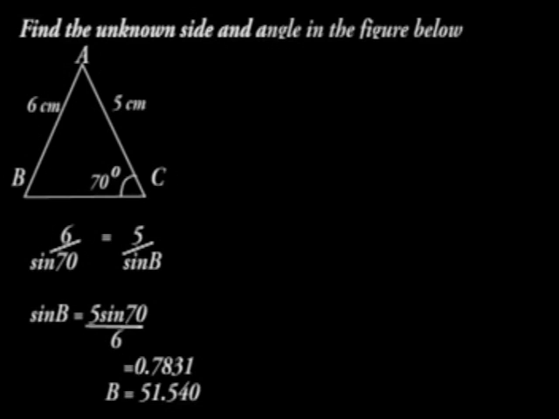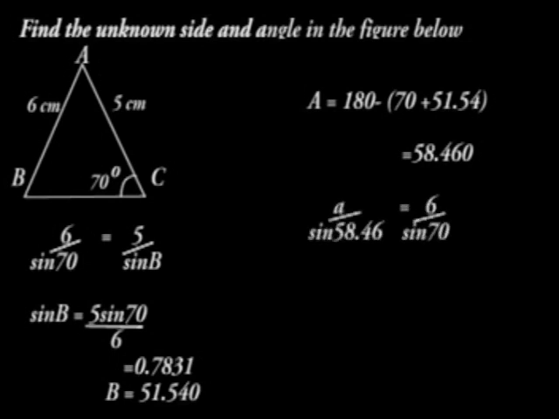Angle A is given by 180 minus the sum of the other two angles, since the total sum of angles of a triangle is 180 degrees. Therefore, angle A is 58.46 degrees. a over sin 58.46 is equal to 6 over sin 70, and applying the same calculations, a is equal to 5.44 centimeters.